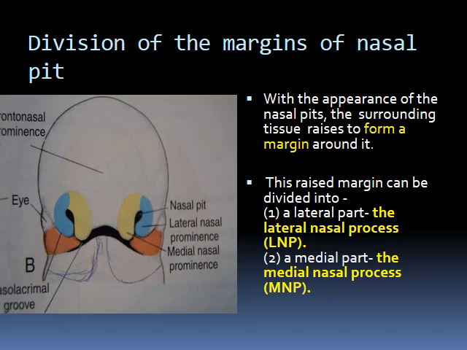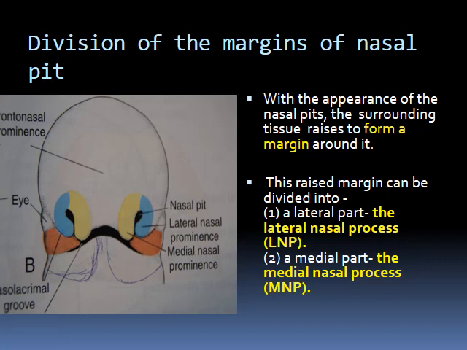Now after the nasal pit is formed, that means, I told you the nasal pit is formed when the nasal placode buries into the substance or mesenchyme of the frontonasal process. Now when this pit is formed, the margin of the pit is bounded by a raised area. This margin surrounding the nasal pit can be divided into two parts.